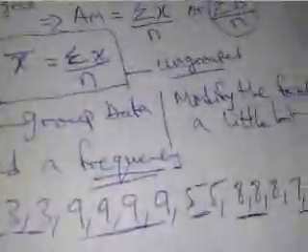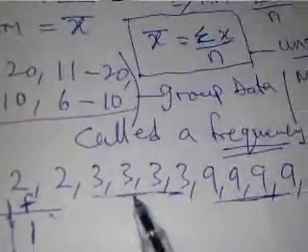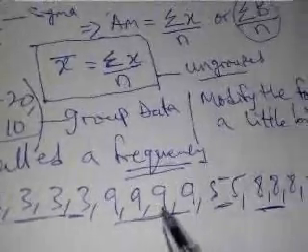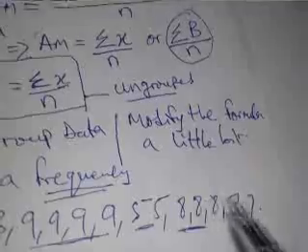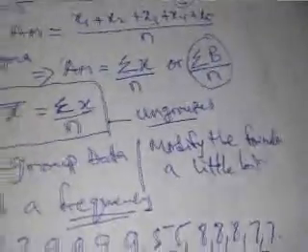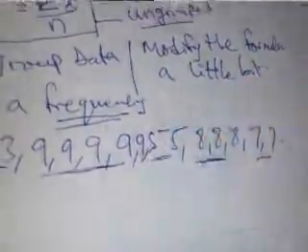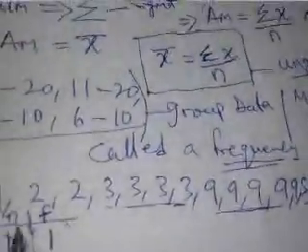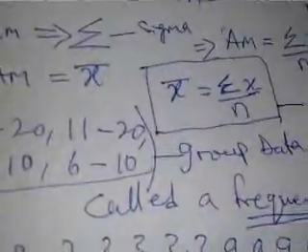Now let's go back to the illustration I did earlier. Now we have some values here. This is 1, 2, 2, 3, 3, 3, 3, 9, 9, 9, 9, 5, 5, 8, 8, 8, 7, 7. Now let's assume I added another 9 here. Now, what will be our mode? We say the value that appears most frequently. Now, 1 appears once here.